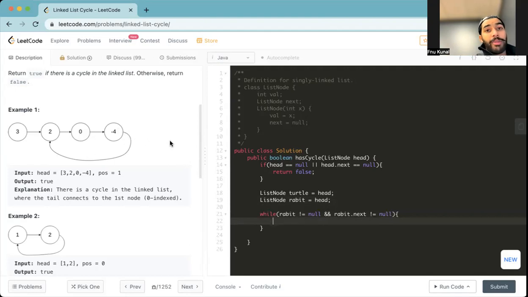Until rabbit becomes null, or rabbit.next is null, we are going to keep running this loop.